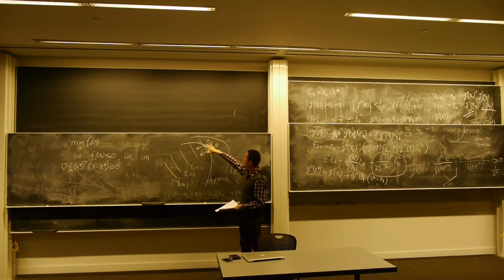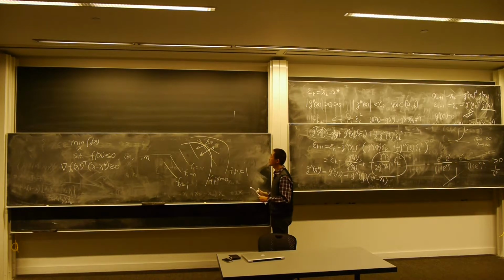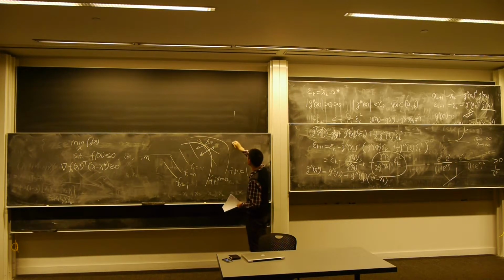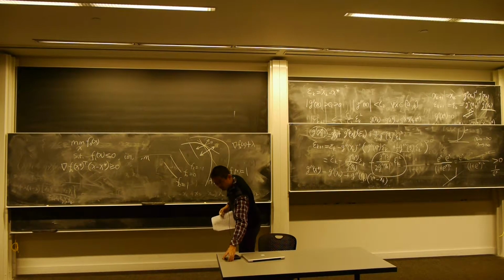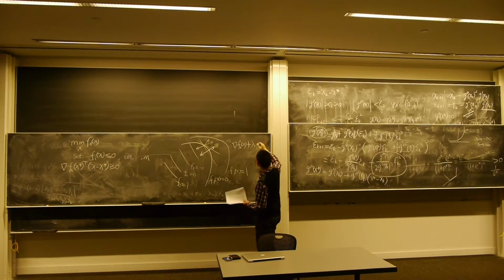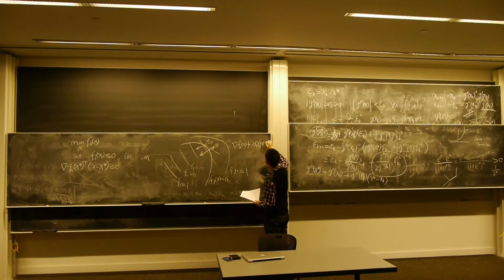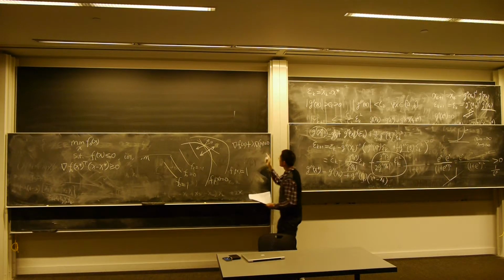That's also the motivation behind the KKT condition. The KKT stationary condition says that the gradient of the objective plus lambda, the Lagrange multiplier, times the gradient of f1 at x has to be 0 at the optimal point. Right?